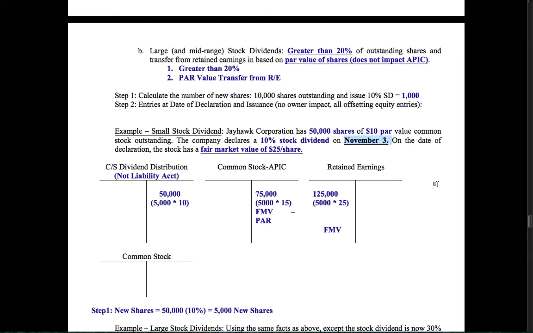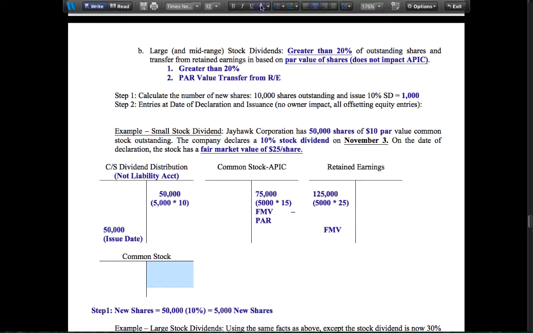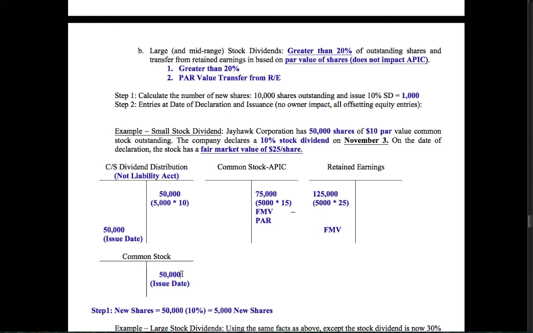Now we need to actually pay the dividend. And the dividend we're paying, the common stock dividend distribution account here. Therefore, at the issue date, we remove the $50,000 and we increase our common stock by the $50,000 at the issue date.